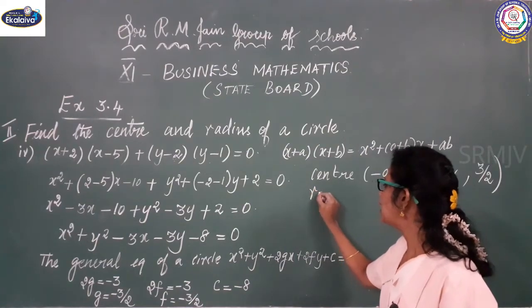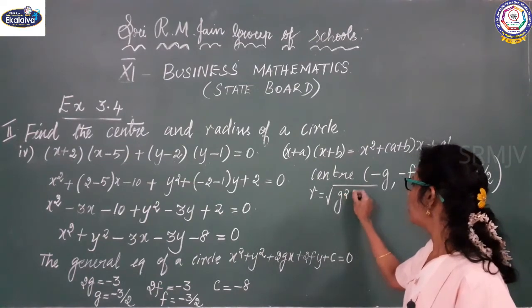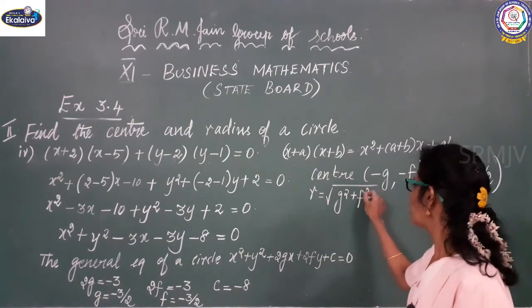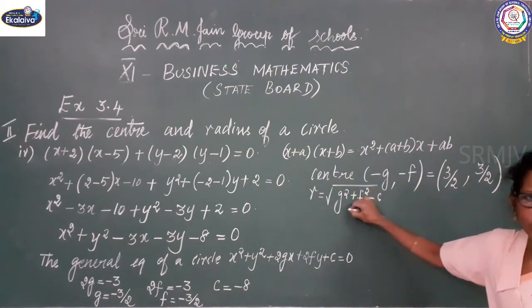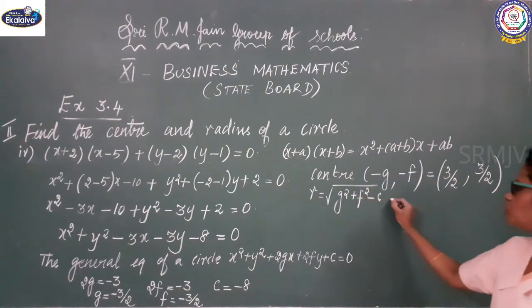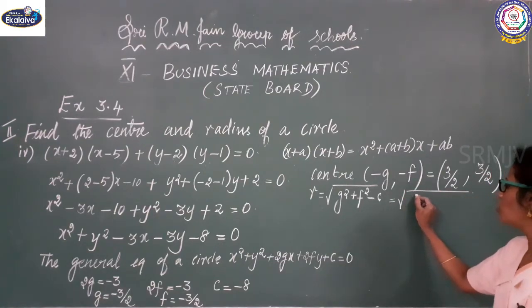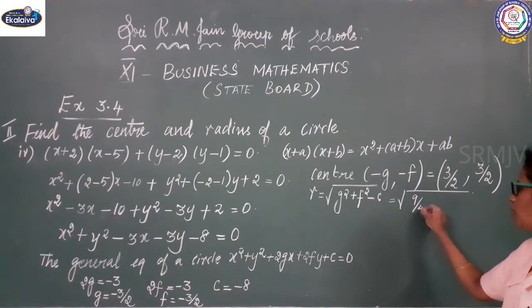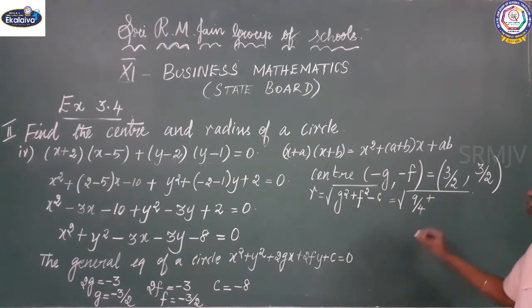Now radius = square root of g² + f² - c. You know the values of g, f and c, which you are going to substitute. Square root of (3/2)² which is 9/4, plus again (3/2)² which is 9/4.